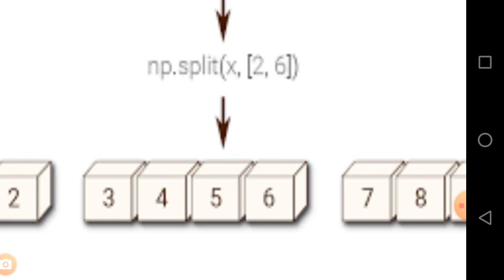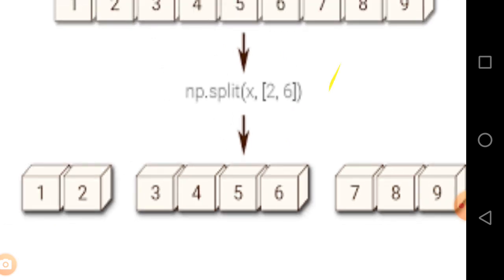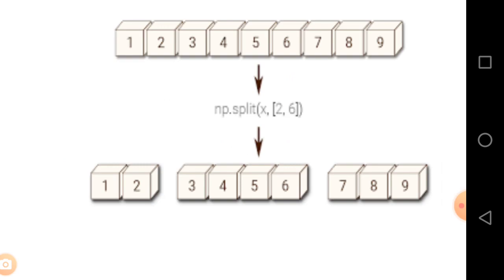So what will happen? After passing that argument, the first split array contains only two elements, from index value 0 to 2, as mentioned here in 2 comma 6. The second is from 3 to 6, and after that from 6 onwards up to the last element.